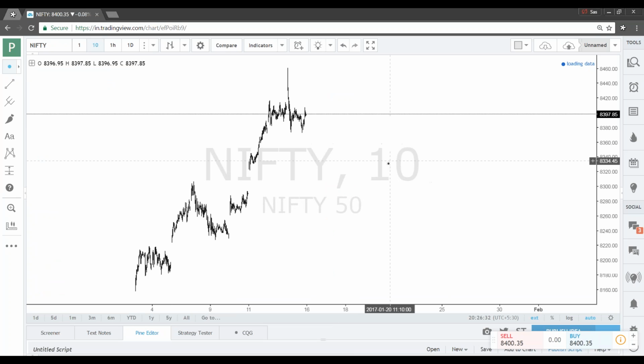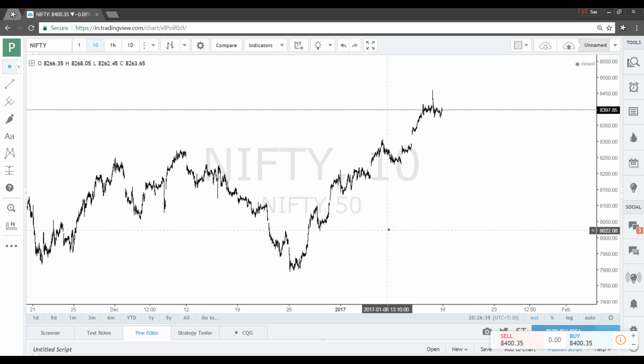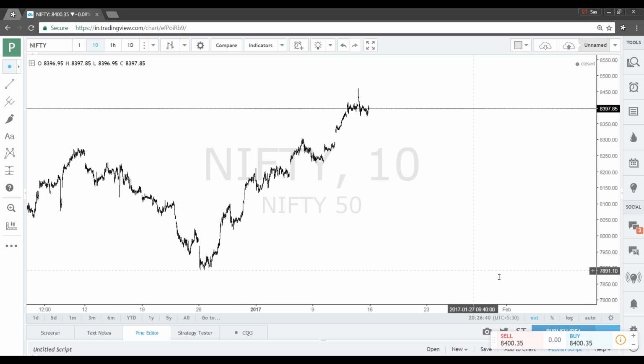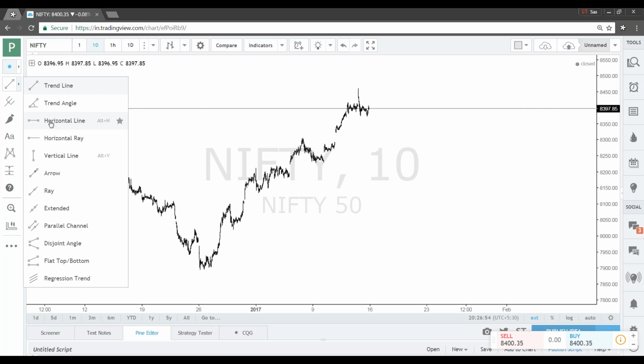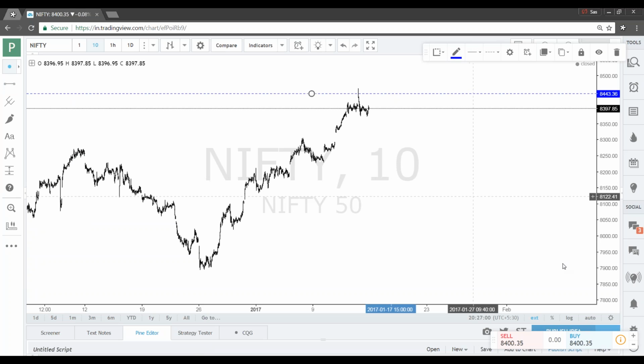Even if you have not seen it, you can go back and see that message I had sent on December 30th. Somewhere around here, see, December 30th, I predicted that this was an important level, 8443. So this level was predicted long back.